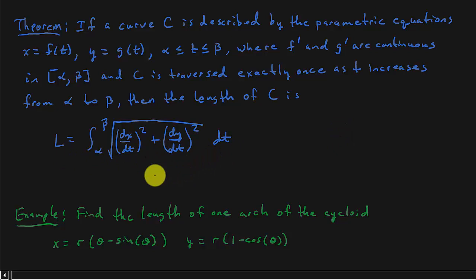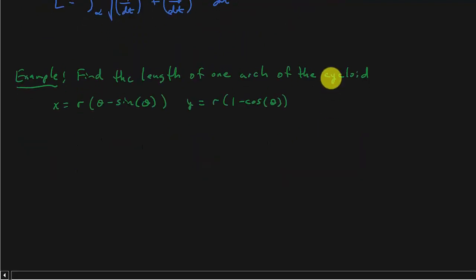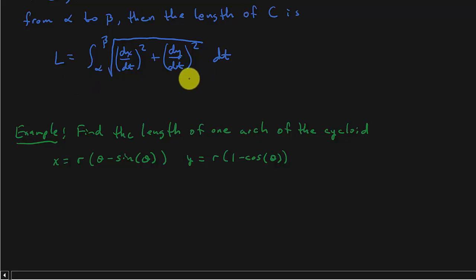So this is how you find the length of the curve. It's the square root of dx dt squared plus dy dt squared, and then you have to integrate it. Let's go ahead and do it. This is easy. We want to do one arch of the cycloid.